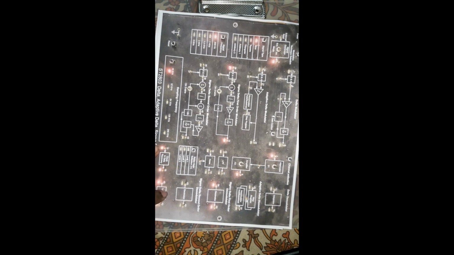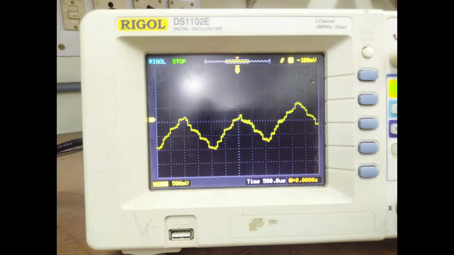And this is the digital output of the ADM, that is the adaptive delta modulation, and this is the triangular output. I know this is not triangular. You might ask me a question. It is much more distorted, but if you calculate the frequency of this triangular signal, you will find a value closer to 500 Hz.